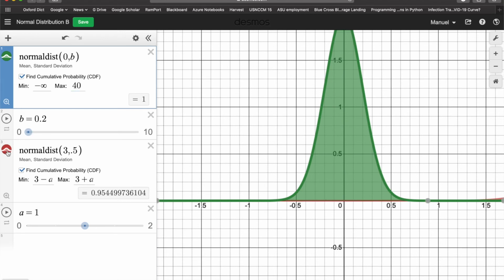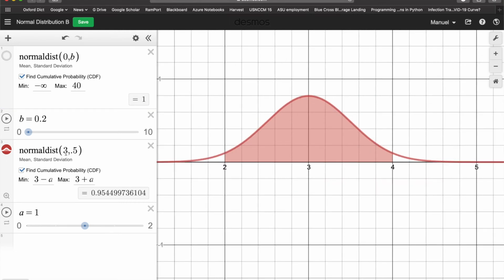Okay, so let's select a different one. The mean in this case is 3, and the standard deviation is 5. I'm going to compute the integral between 3 minus a and 3 plus a. If I put a, for example, equal to 0, that should be equal to 0, because I'm computing the integral from 3 to 3.